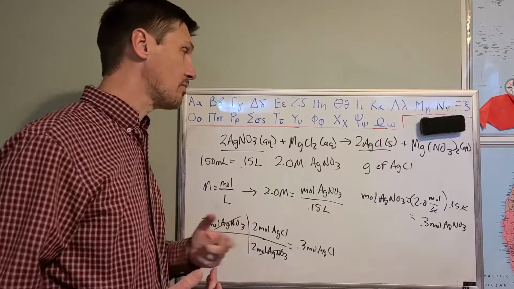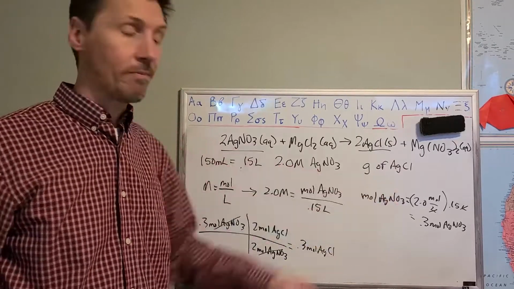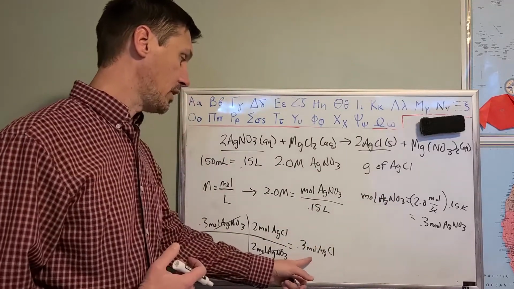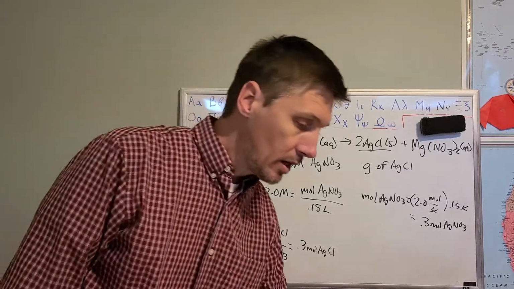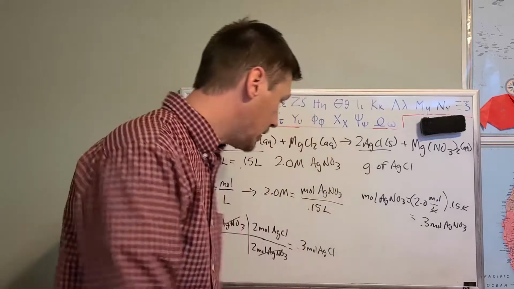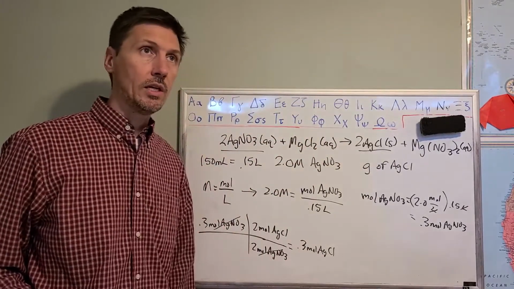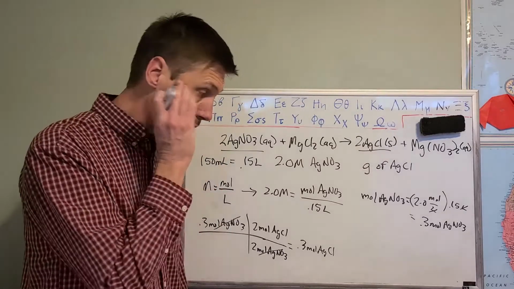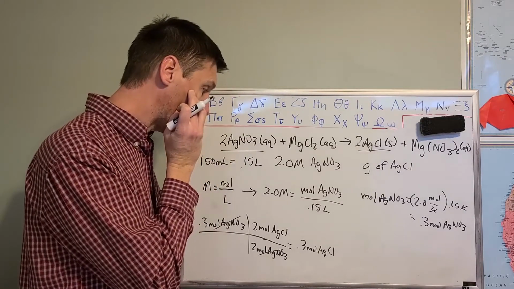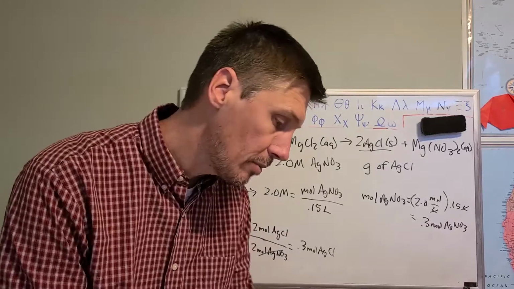But we weren't asked the number of moles, we were asked the number of grams, right? So the final thing we have to do is convert this from moles to grams, and we know how to do that. We find the atomic mass of AgCl, and that gives us the number of grams per mole. We just go to our periodic table to look that up.